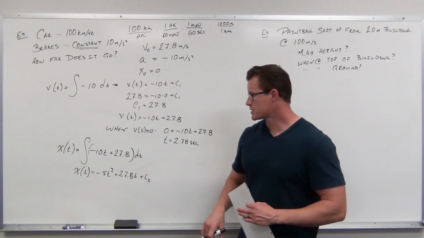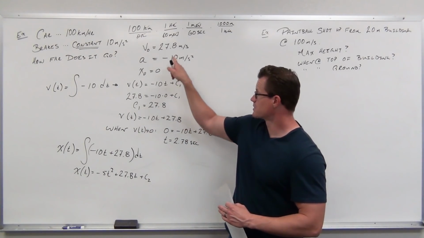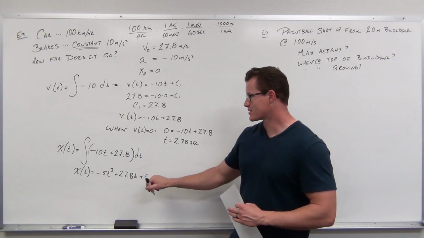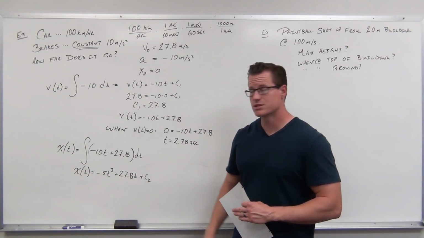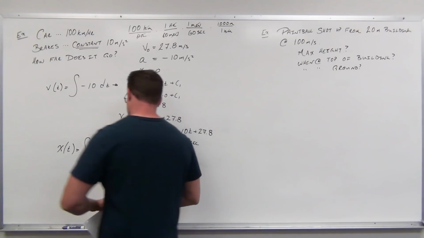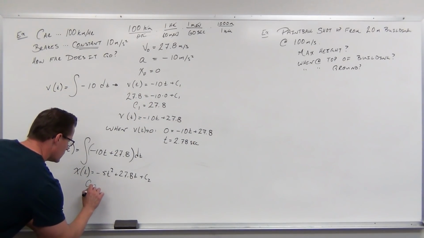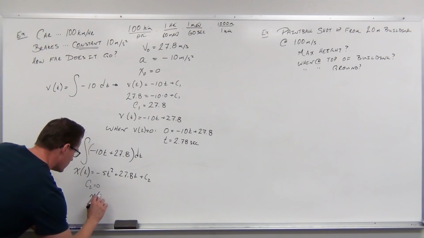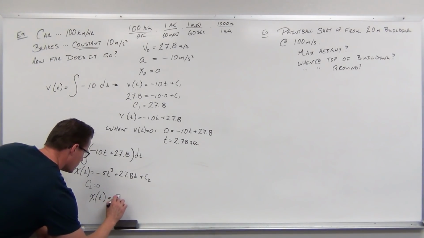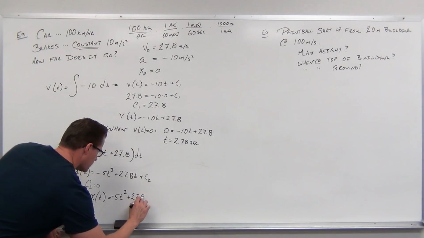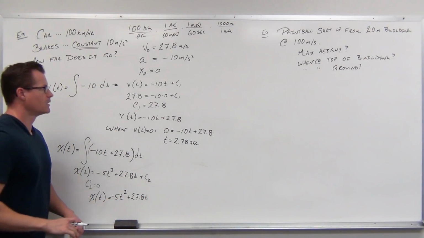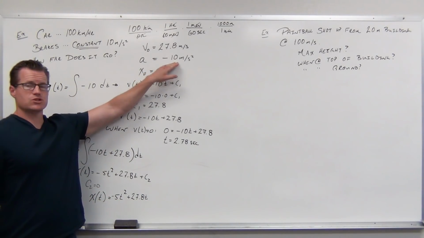But as far as our position is concerned, we know our initial position was 0, so we can just make that 0. You can think about it. 0 goes here, 0 goes here. Your C2 is going to be 0. Start with acceleration or deceleration.